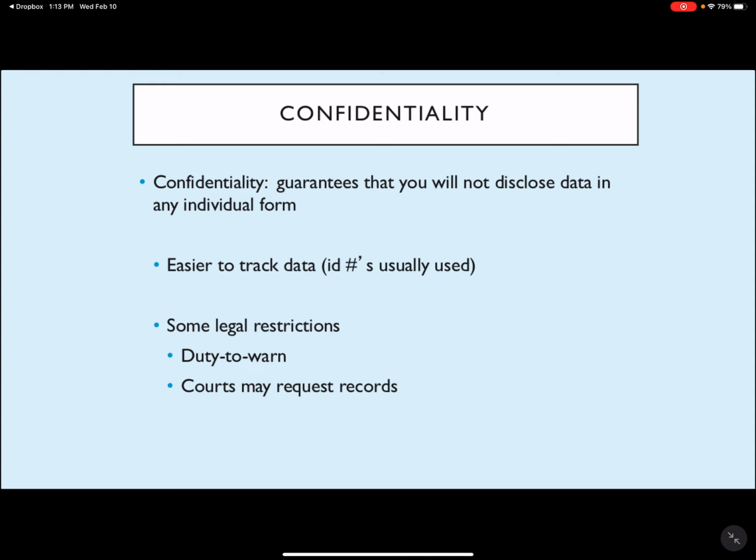You might be ordered by a court, or there might be situations when you have to divulge participants' identity. And one example of this is duty to warn. The most famous case of duty to warn occurred at UCLA, University of California, Los Angeles, probably in the early 80s.